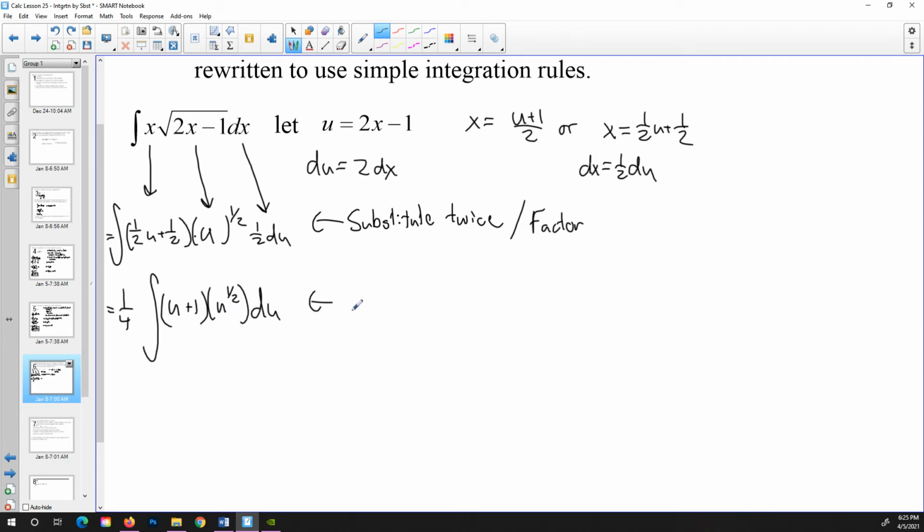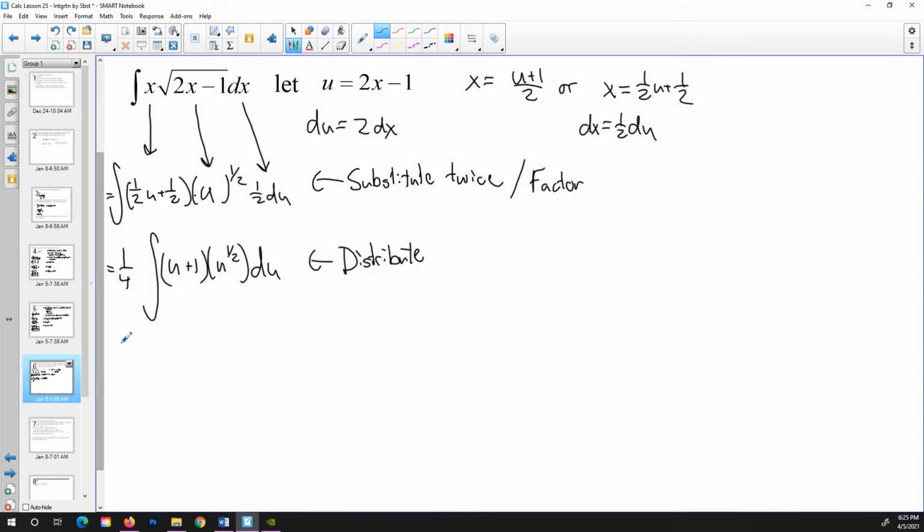And now I will distribute. And that will give me 1/4 integral u to the first times u to the half is u to the 3/2. U to the half times 1 is u to the 1/2, all du.